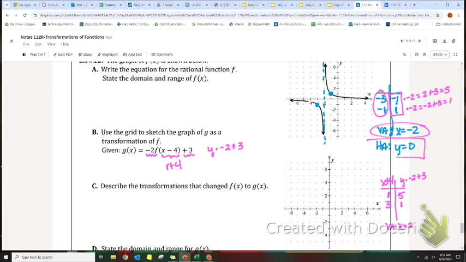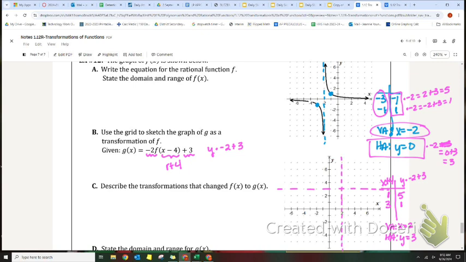And then I'm going to take this y value times -2 plus 3. And so now my horizontal asymptote is going to be up at 3. So my horizontal is up here at 3. My vertical is at +2.